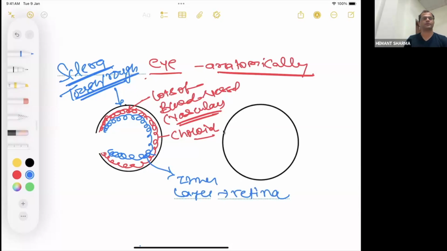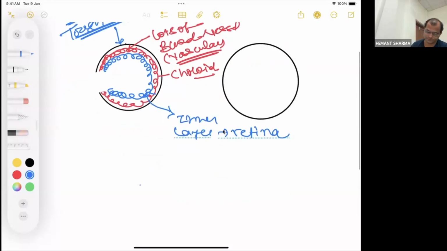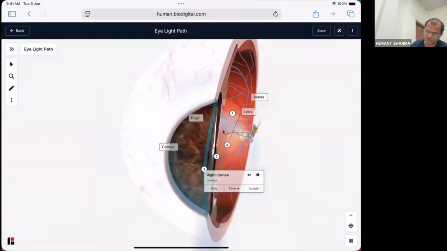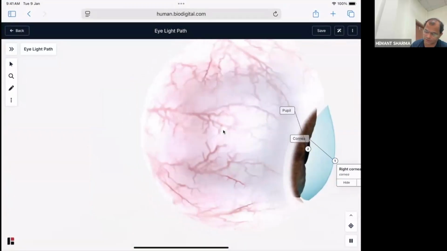So mainly the eye has three parts. The outermost part is sclera, the middle part is choroid, and the inner part is retina. So now we can see the same thing in one image. Now we can see this is the outermost part.